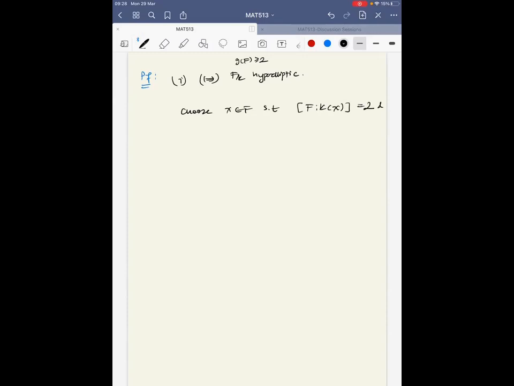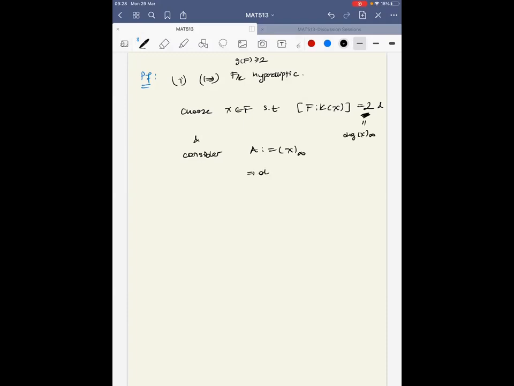And particularly, let me also consider the pole divisor of this transcendental x, denoted by A. So since this extension degree is 2, we know that it is also the degree of the pole divisor.